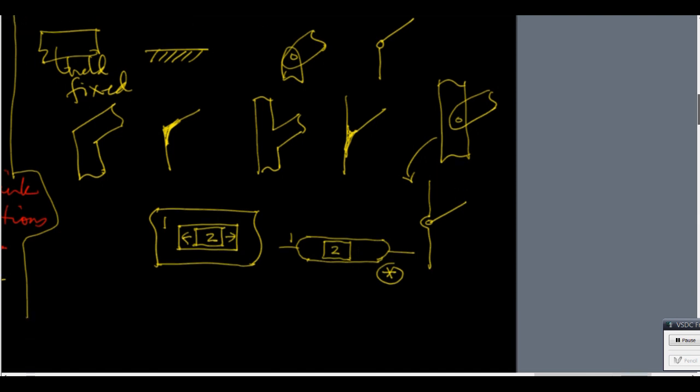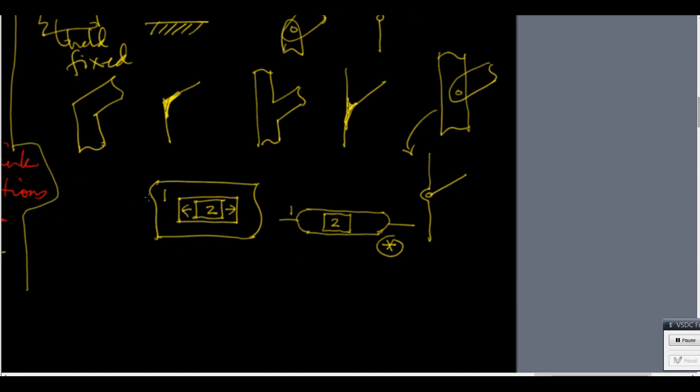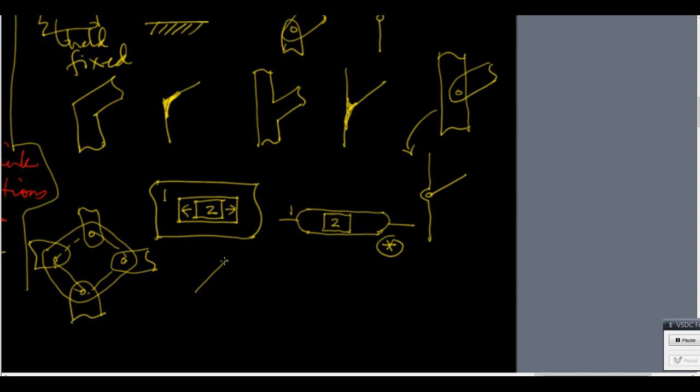And the final one, I have to move this one down just a bit. The final one is if I have, let us say, one body with one link here, another link here, another link here, and another link here, then we may reproduce this quadrilateral here, and we will have this link, this link, this link, this link.